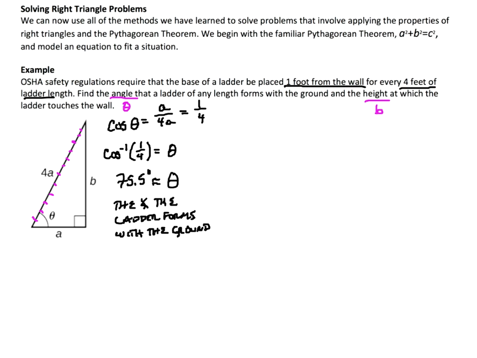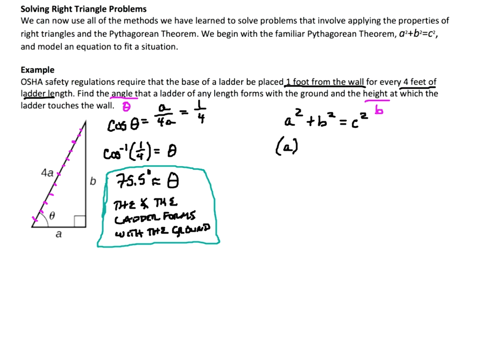Okay, so we have our first question answered. Now they want to know, okay, well, how high up the wall is that thing going to go? So if we want to know what side B is equal to, we can use our Pythagorean theorem, good old Pythagorean theorem. That says A squared plus B squared equals C squared.